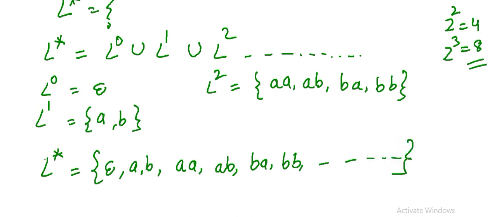So this is the Kleene closure of the alphabet, which is one alphabet containing two symbols A comma B. In that way you can find the Kleene closure of any problem.